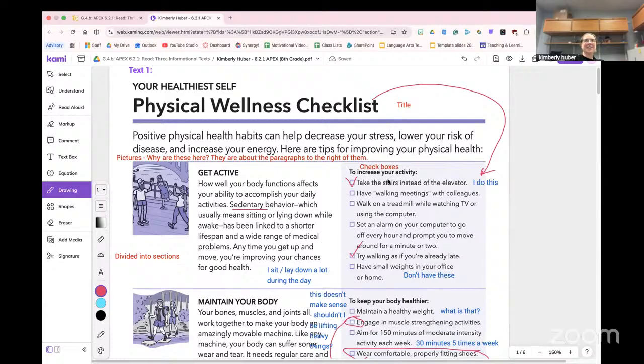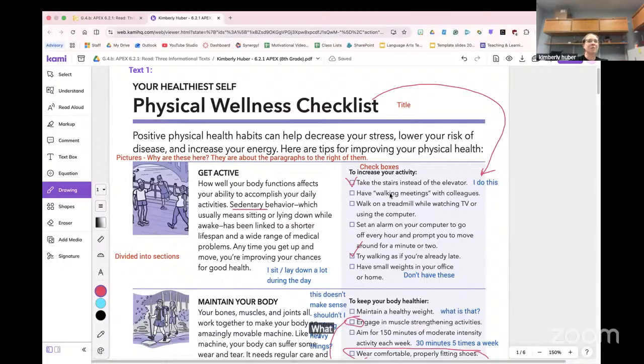Why do you think they have the checklist here? What do you think? How does this help us learn about being more active and eating healthier? Harry wants some help. That's good. Ooh, helps people understand what they can do by completing those goals. What do you think?